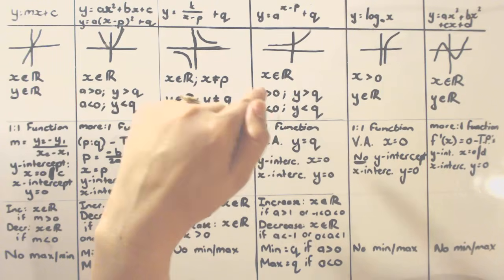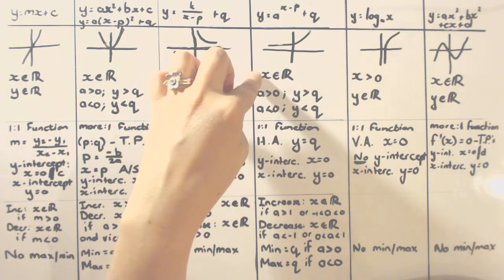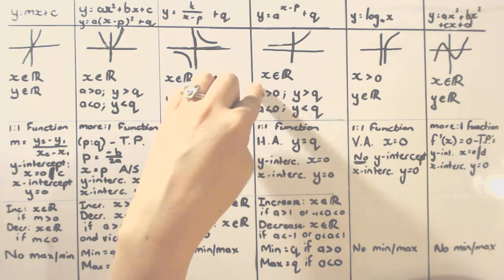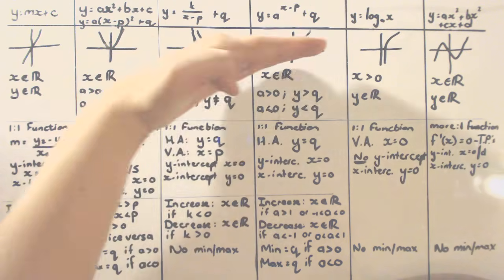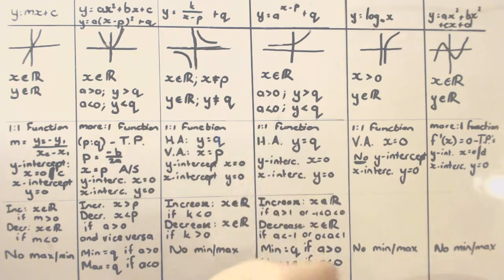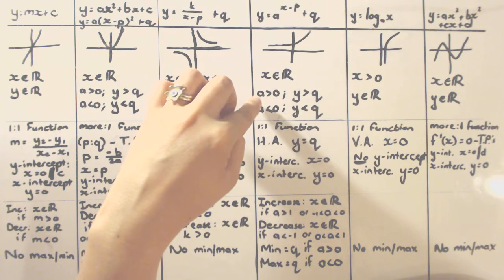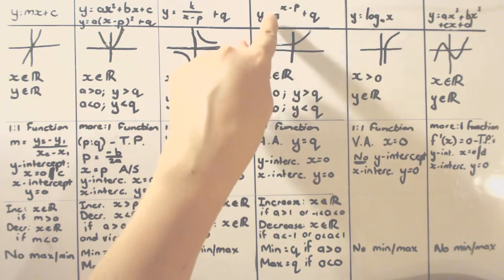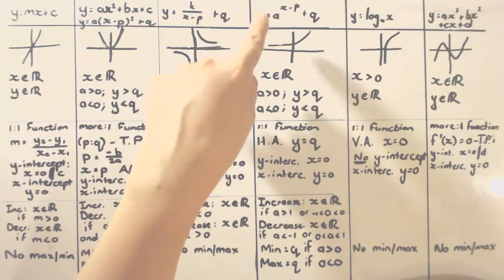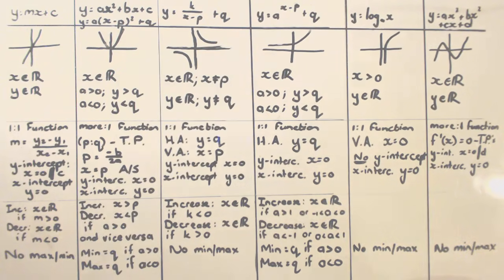And then for the exponential graph, my domain is always all of the possible values for x, because it moves across and there's no gaps. So all of the possible x values will be in my domain. My range, if the a value is bigger than 0, that means I've got a positive a value.